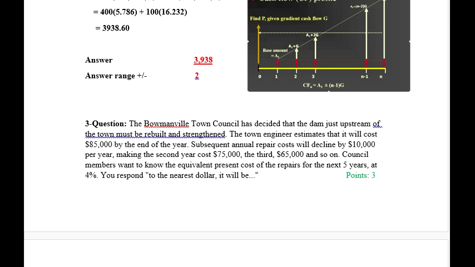From here you can see that your interest rate is 4% and your N value is 5, and your annual value is 85,000. There is a decline of $10,000 from this 85,000. So your A value is 85,000 and the gradient value is 10,000 because it is declining.